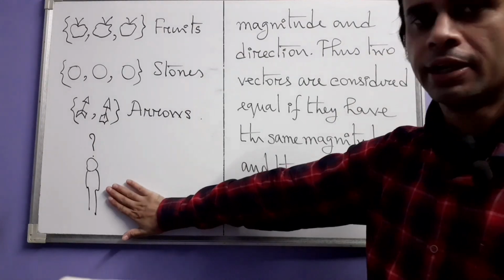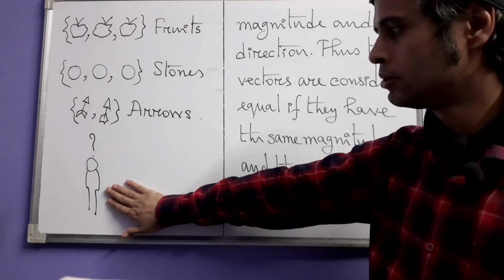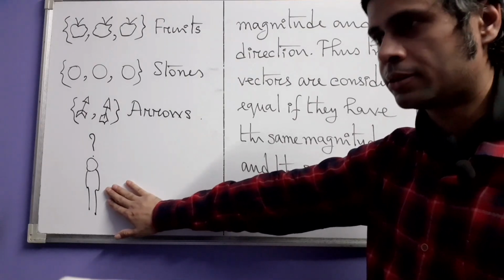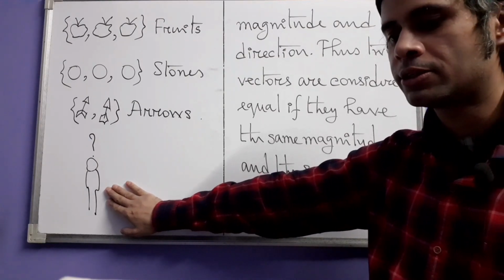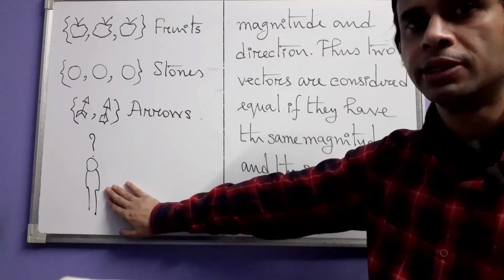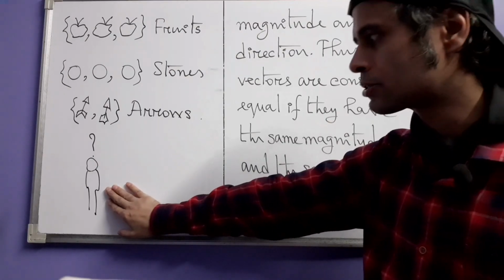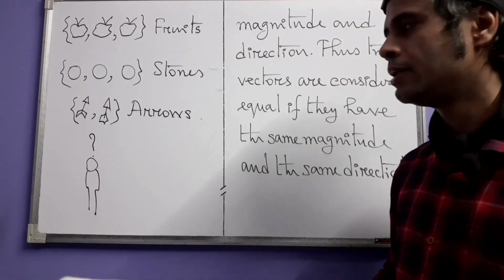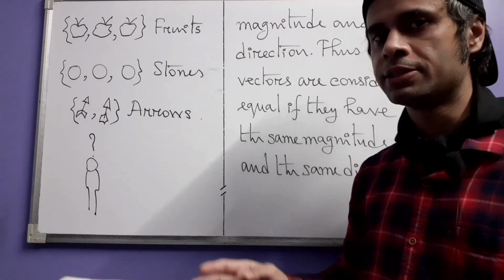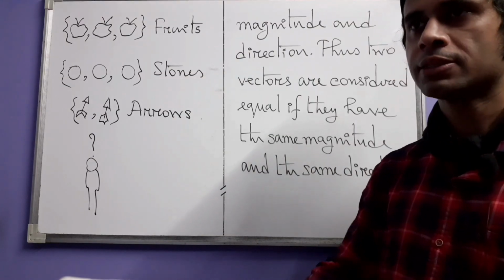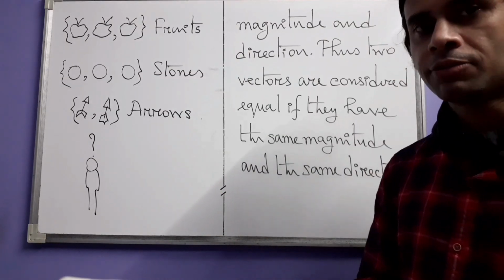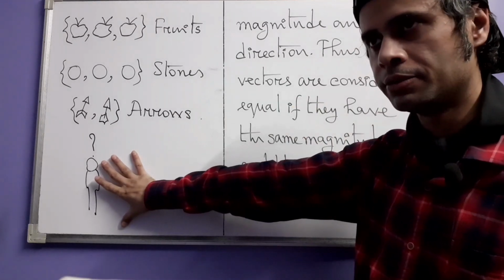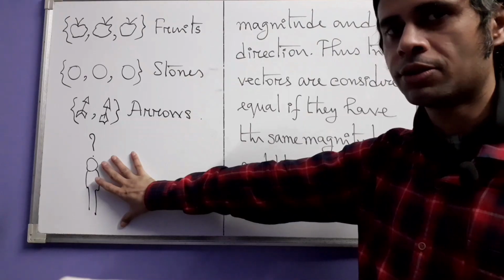Say this is an alien which has accidentally visited us, but for some reason it does not really know anything about counting. It does not know what numbers are. This is highly unlikely. I mean, if an advanced civilization visits us, then obviously they will know the primitive act of counting, but just for the sake of this discussion, say this is an alien and he does not really know how to count.